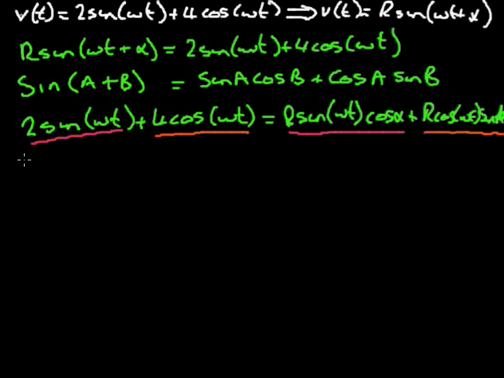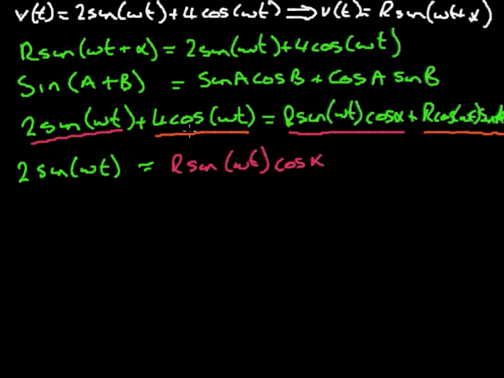Write them down. So the first one, I'll do that one in green, so I should now have 2 sine omega t equals r sine omega t cos alpha.